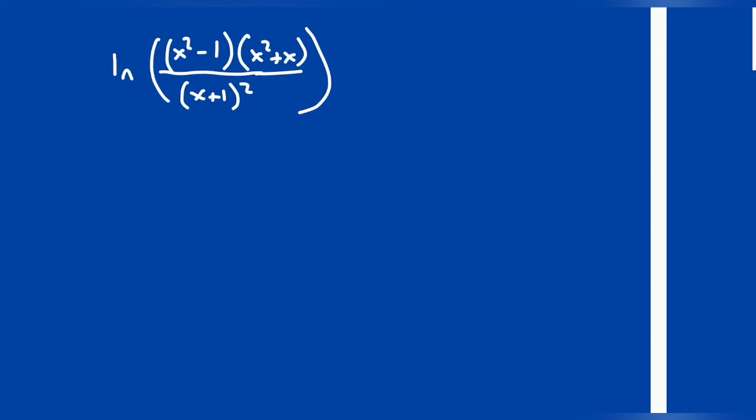So first off, there is a rule. It says a squared minus b squared is the same as a plus b, a minus b. So if we look at this log, we can see that x squared minus 1 follows this.